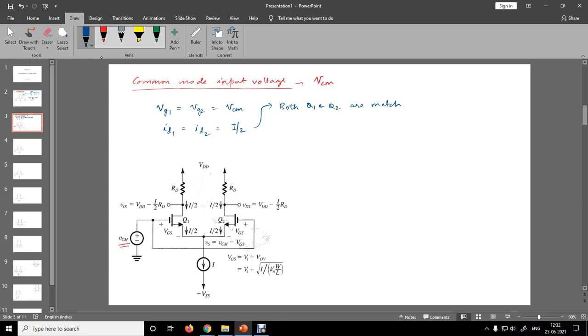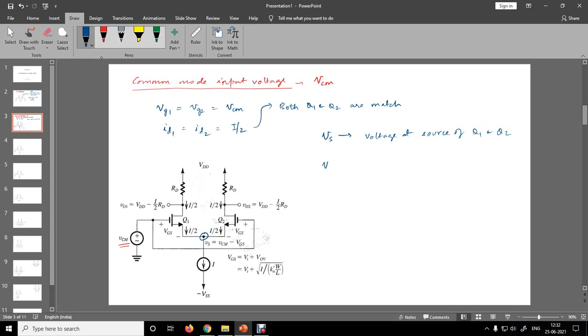And you have Vs here. Vs is the voltage at the source of Q1 and Q2. Both sources are joined, so voltage Vs is the voltage at the source.